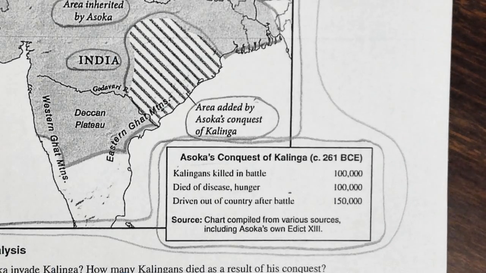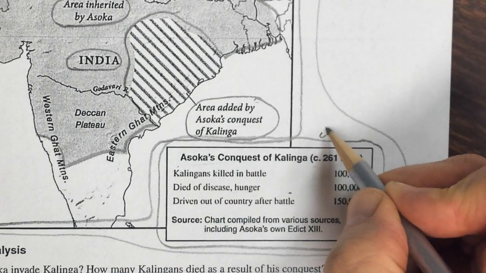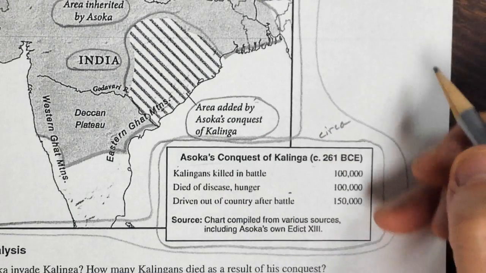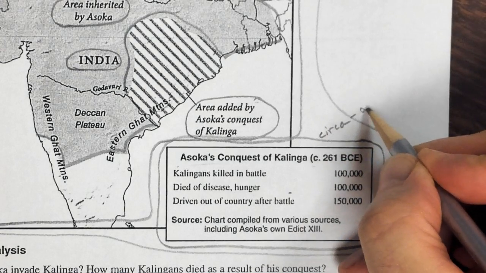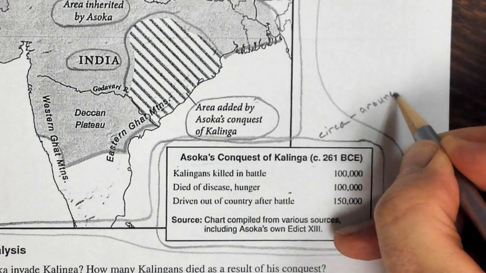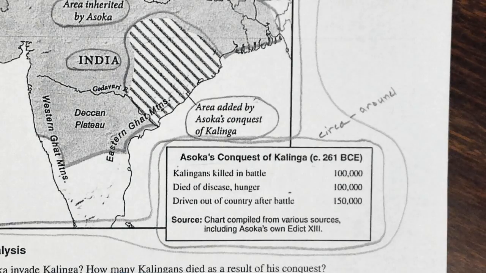Let's zoom into the box. Asoka's conquest of Kalinga, C. period 261 BCE. This C means circa. Let's write that in here. C-I-R-C-A, which means around or about that time.